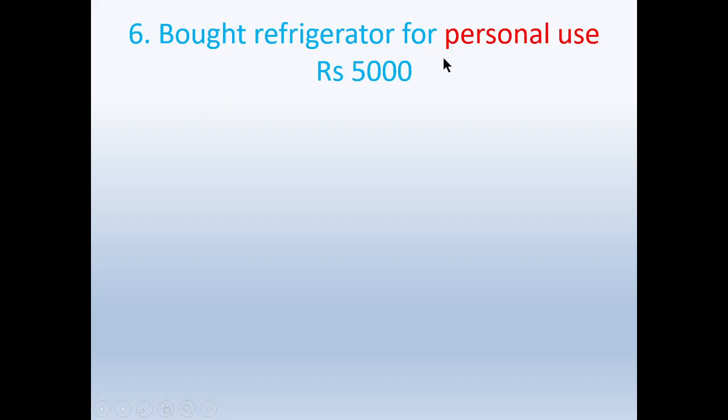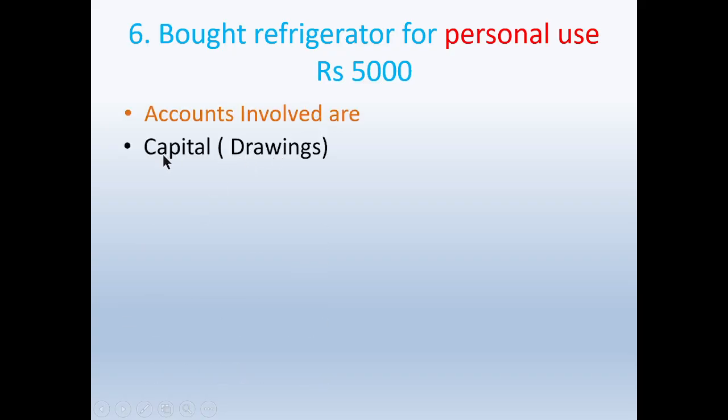So it is a transaction involving capital. Capital means the owner, but he is taking money from business, so it's drawings. So as per journal entry, if the owner took something from the business, it is called drawings account and cash account, not refrigerator, because he took money from the business and purchased refrigerator.